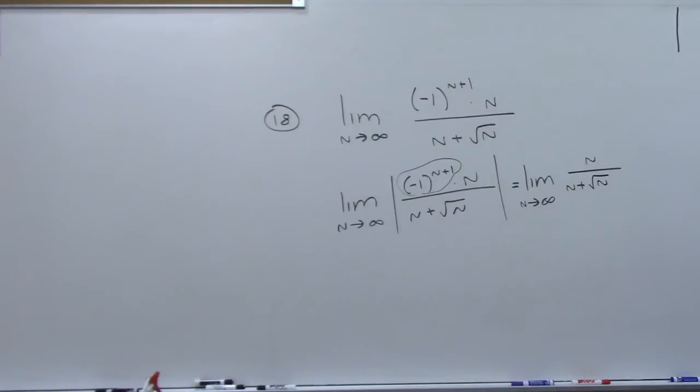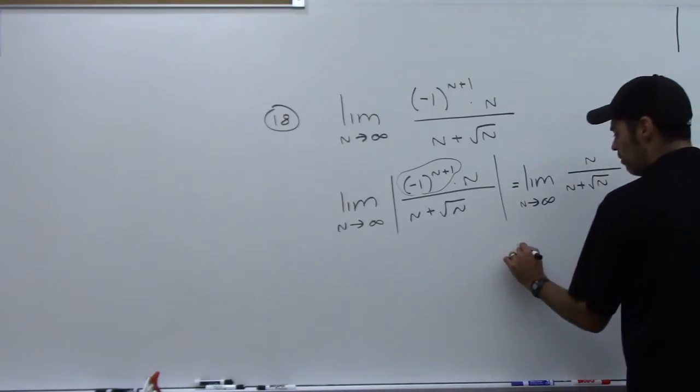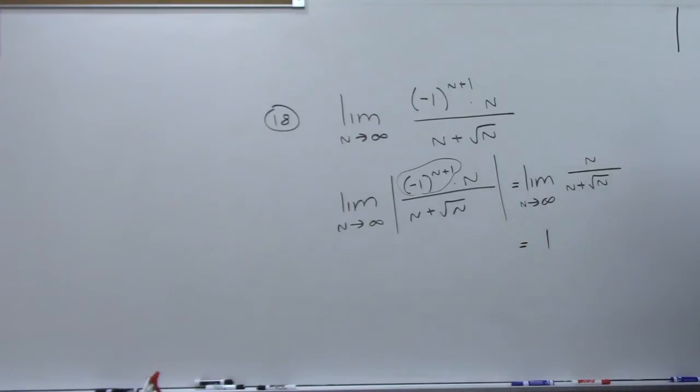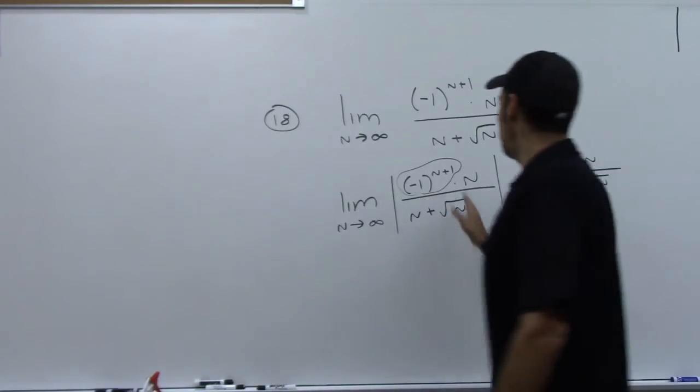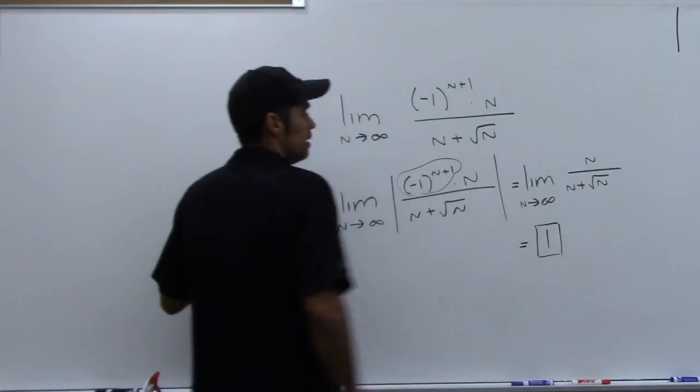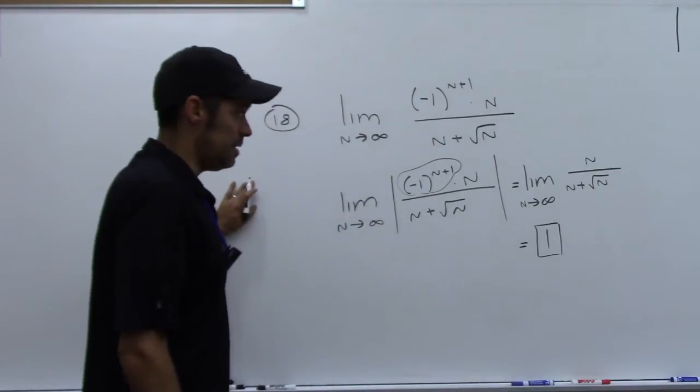And then if you apply L'Hopital's rule, I'm not going to show the work because now we're at infinity over infinity, that will turn out to be 1. And so you get that your answer is 1 here, right? Does that mean that this converges to 1? It absolutely does not mean that.